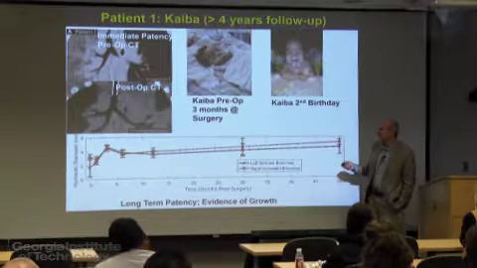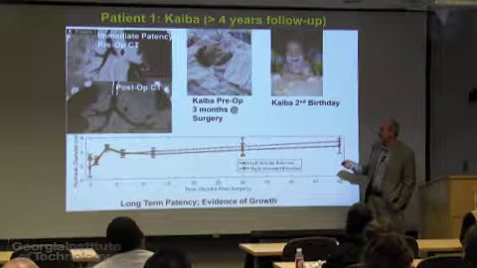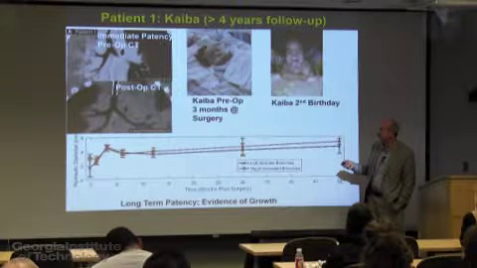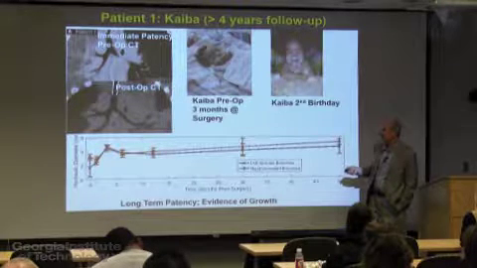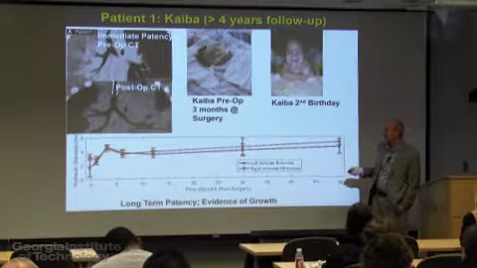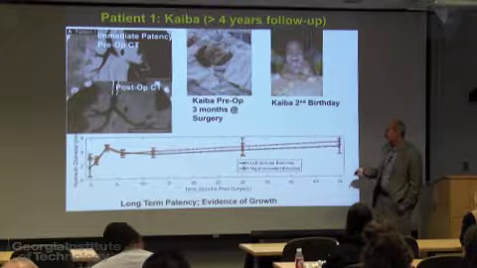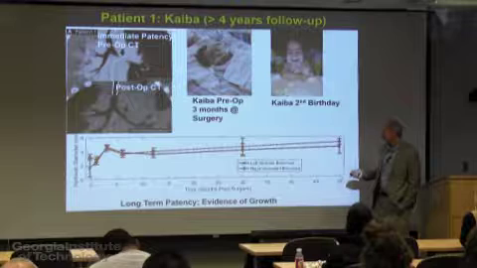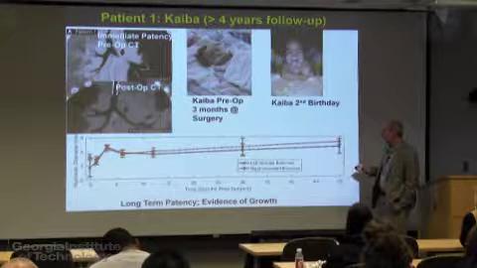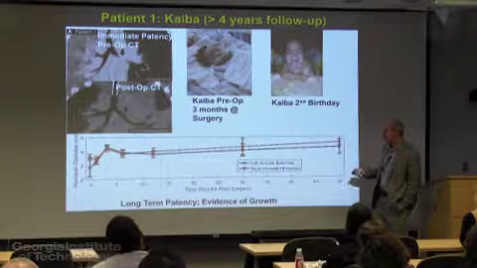You can see this is the expiration CT scan of the first patient before surgery, complete collapse of the left mainstem bronchus. This is the CT scan immediate post-surgery. You can see that the bronchus is patent. This is tracking of the hydraulic diameter of both the right untreated bronchus in the red here and the left bronchus with the splint.